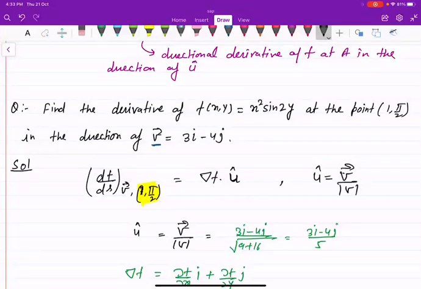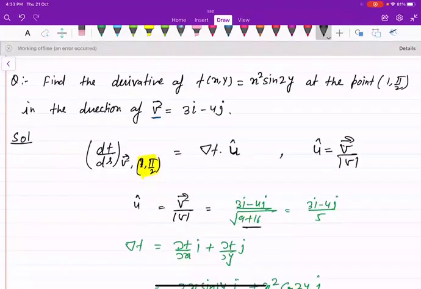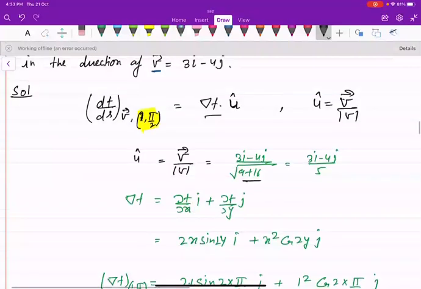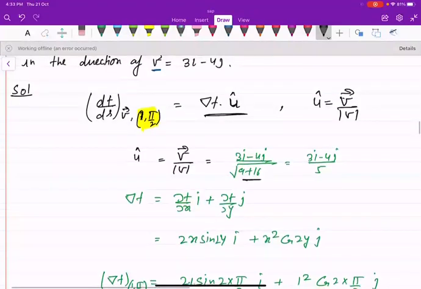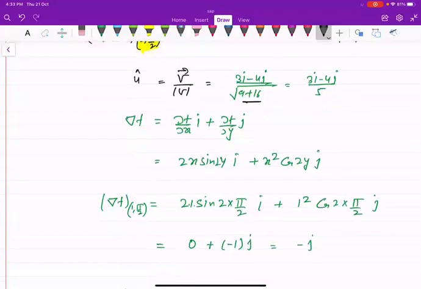When we divide a vector by its modulus, that is 3i minus 4j upon the modulus of the vector, which is 5. Now we have to compute del f dot u. So del f means del f over del x and del f over del y, so we get these two terms.